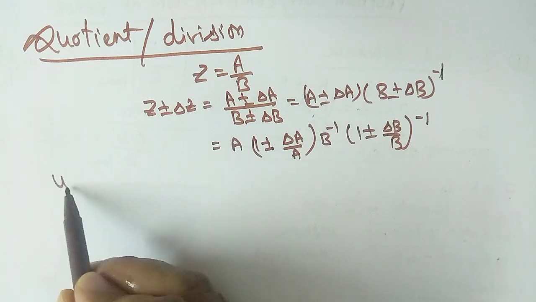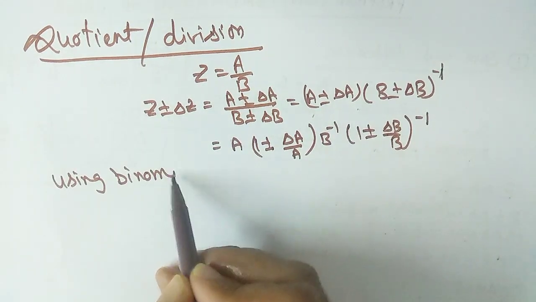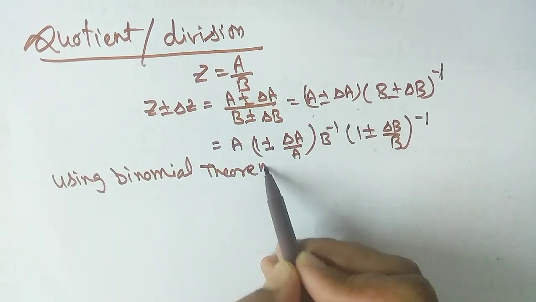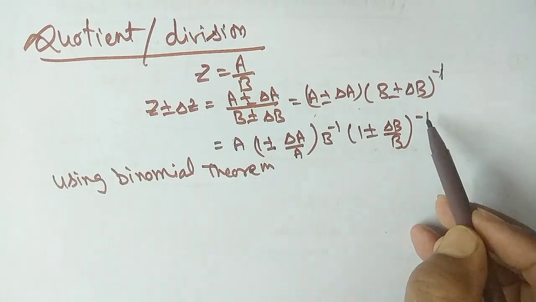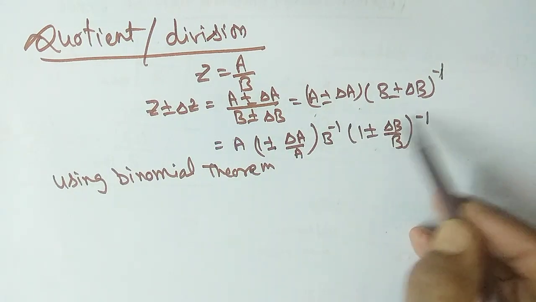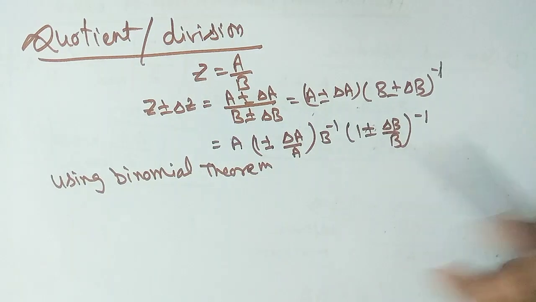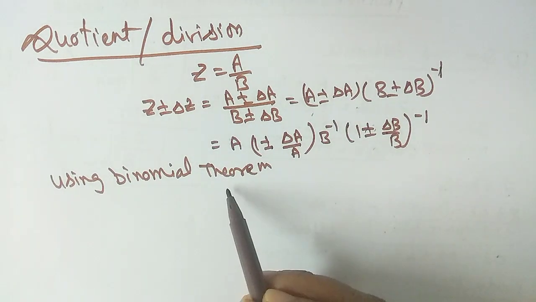Now using the binomial theorem, the power will be multiplied here. So you will write minus 1, it will be multiplied. You take only the first term, it is required, not the others.